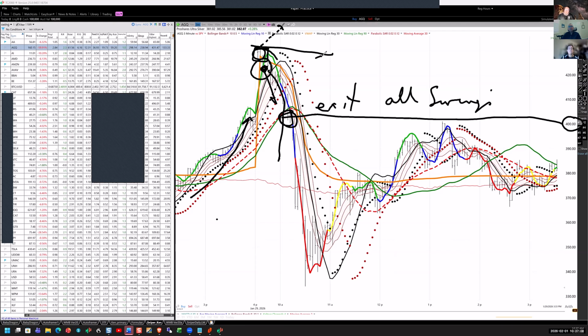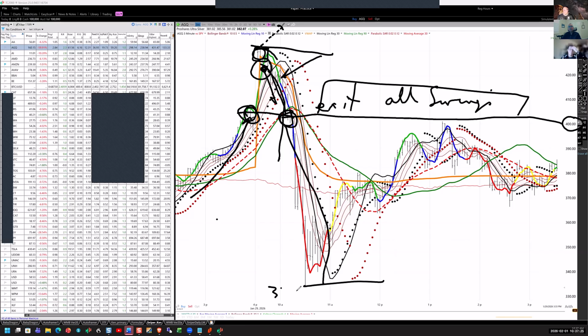So this was an intraday turbo trade. And as soon as this got to here, Wednesday's close, and started dropping, I said, that's enough.